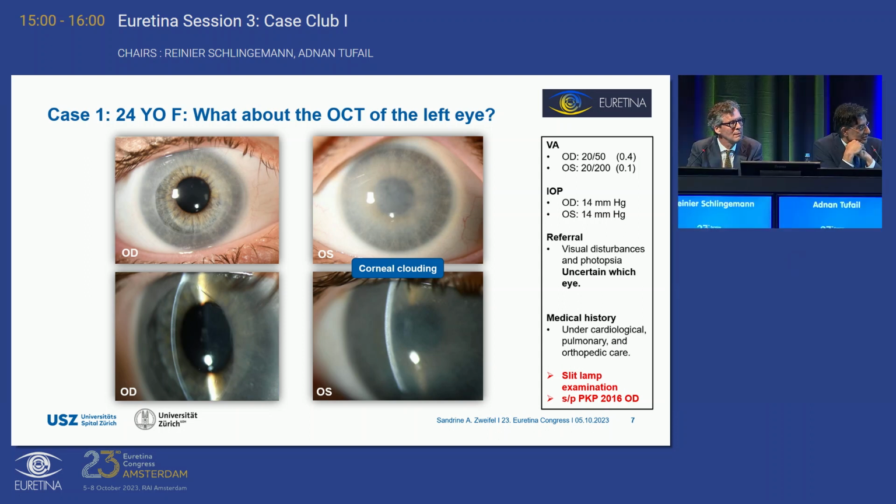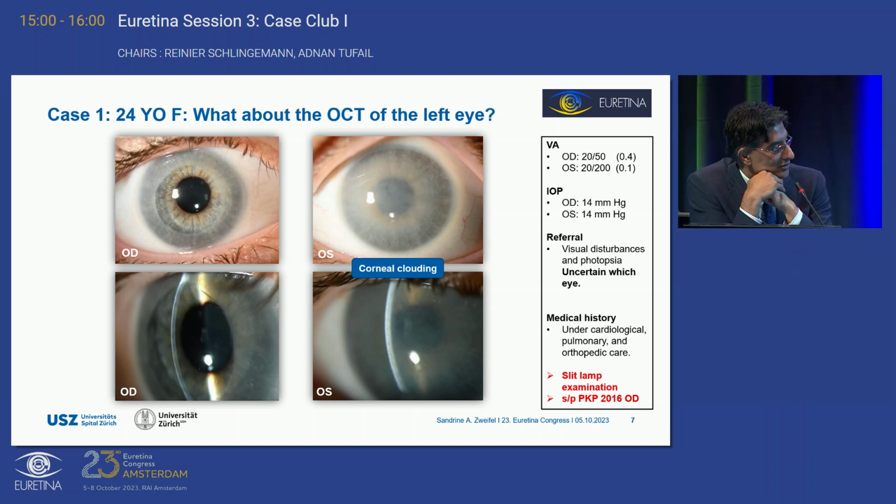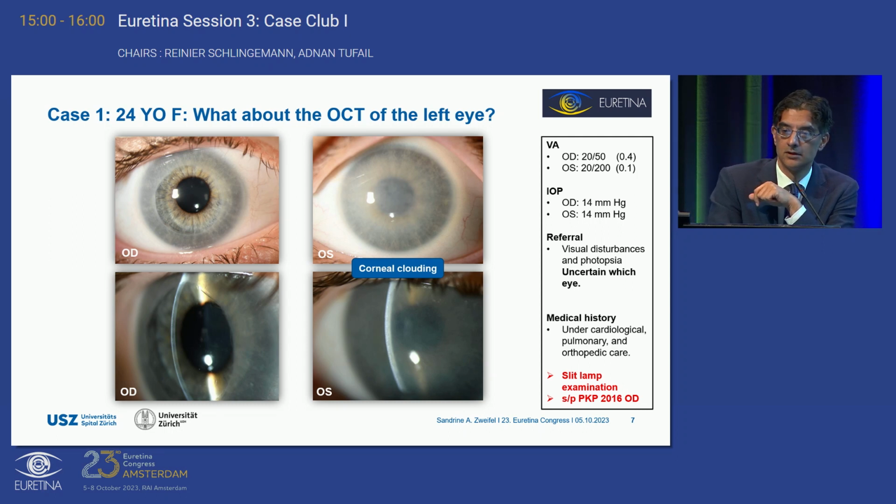Even though we're retina specialists, we vaguely remember the differential. This change, if you come from Moorfields, you probably see it at the electrodiagnostics meeting, and the other systemic clues. So I think you've given us enough information, even if you don't know the specific diagnosis, the group of diagnoses that it should fall in. From the audience, maybe?